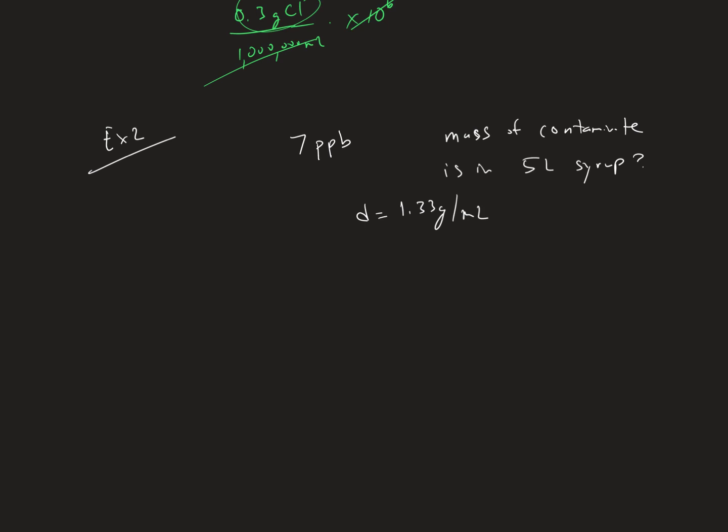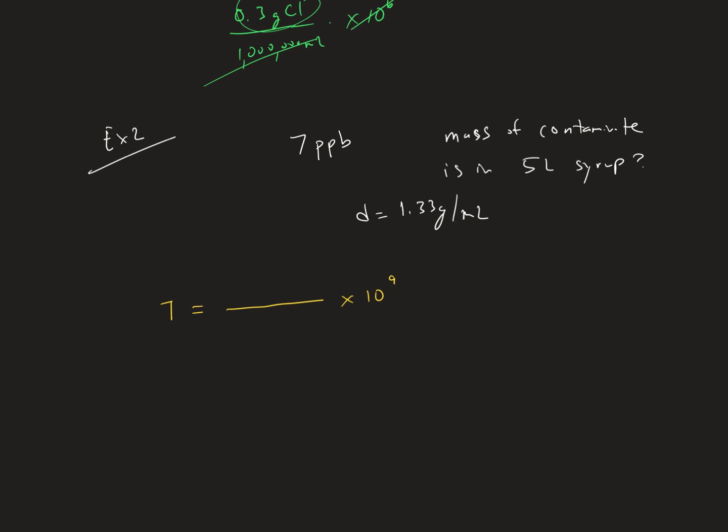All right. So we got to find the mass of our contaminant in this maple syrup. What do we do? Seven parts per billion is equal to, here's our formula.